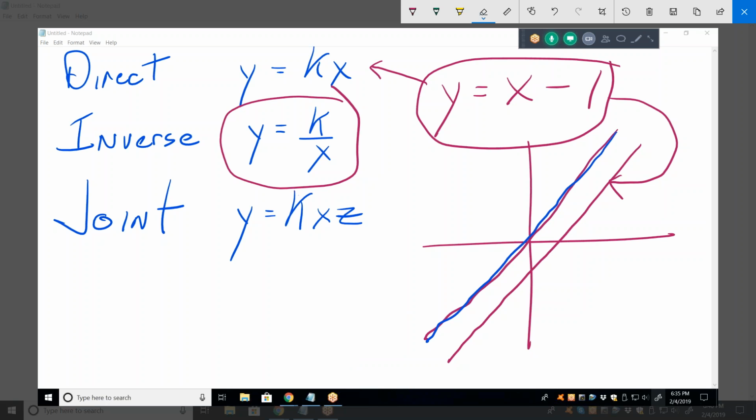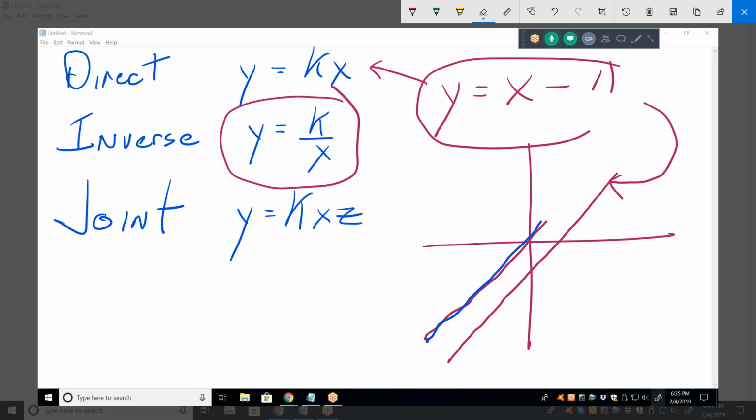Is the slope positive or is the slope negative? If it's a direct relationship, the slope is positive. Even if you have this minus 1, still a positive slope. Whereas if I'm plotting the second one, that's going to be a negative slope.